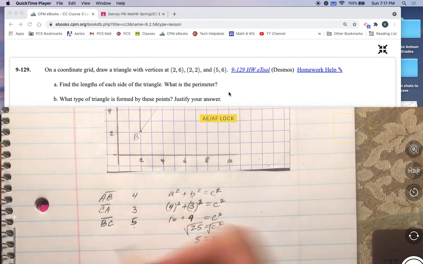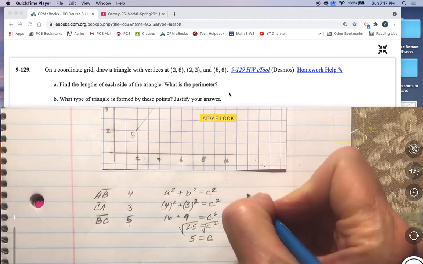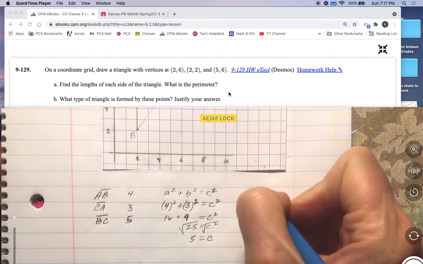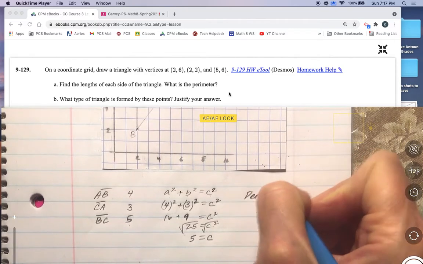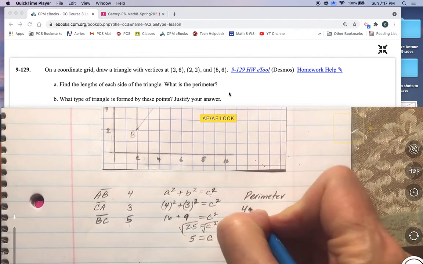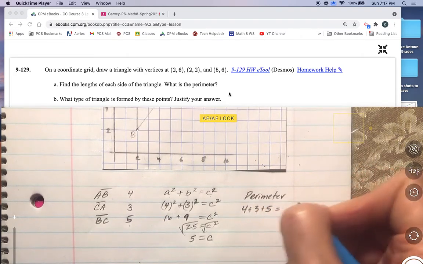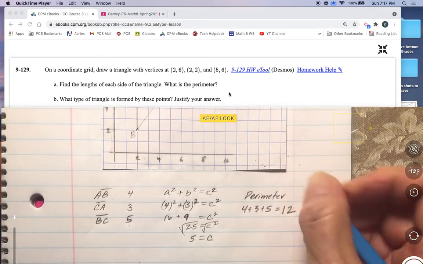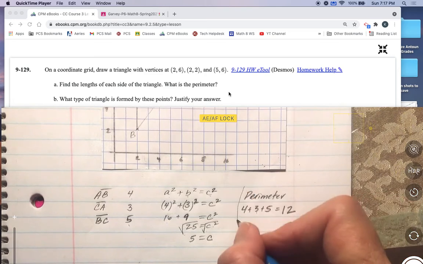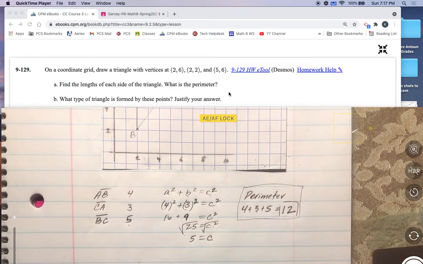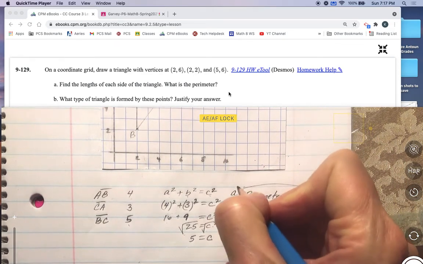And the perimeter would be 4 plus 3 plus 5, which is equal to 12. So here is our perimeter, which is equal to 12. So that's finding the solution to A.